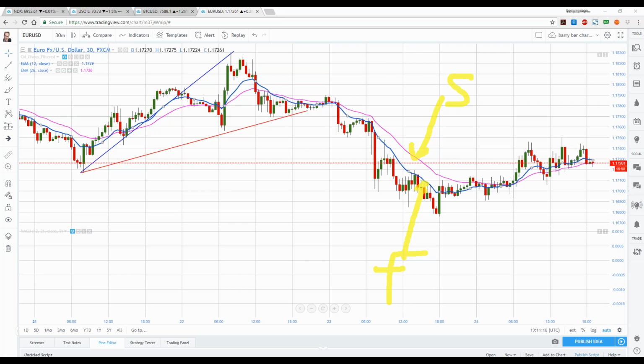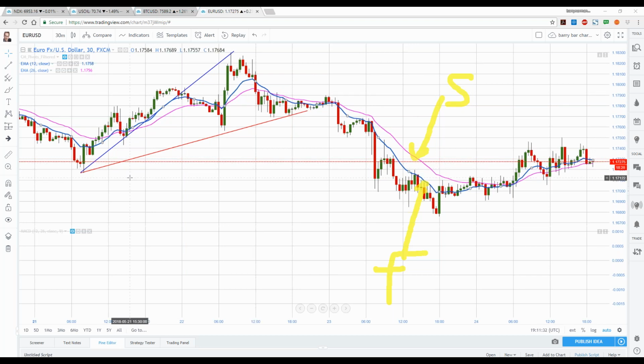So now, to get the MACD, we subtract the purple, or the slower moving average, from the faster moving average. And the difference between those two is plotted at the bottom of our chart.